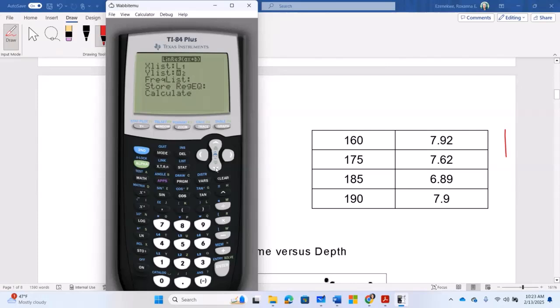No. So it's asking me this time, do you want to store your equation in one of the functions? Yes. So you need to see this. Make sure you remember it. Vars, y-vars, function, y1. If I want to tell my calculator that I want to store the equation in y1, then I'll calculate. And I have everything I need.